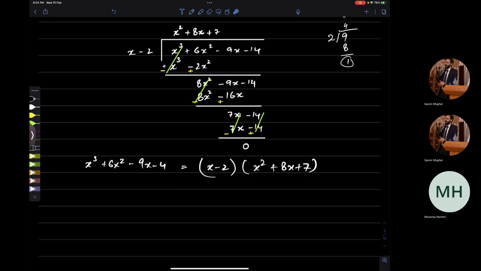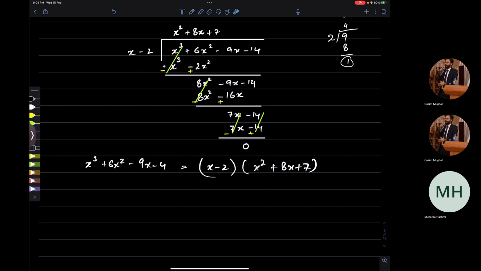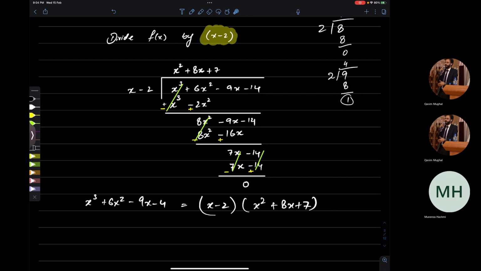But what if none of these is given to you? All you have to do is start plugging in 1, minus 1, 2, minus 2, 3, minus 3. For this particular question, once you plug in 2, you get 0, which means x minus 2 is one of the factors. Then you divide this polynomial by x minus 2, and you will get the other factor from there. Got an idea?